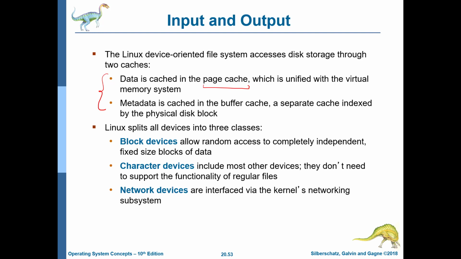On the other hand, we could also have other metadata caches which are cached in a buffer cache, which is different from the page cache, and it is indexed by the physical disk block. So what can happen is that, for parts of IO devices, like the disk is an IO device, we can index them by the address of the disk block, and we can get some information about those few blocks.